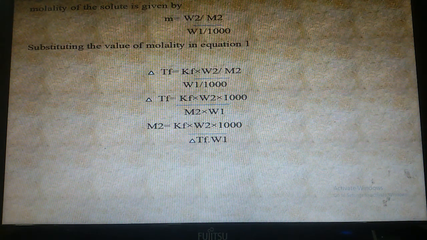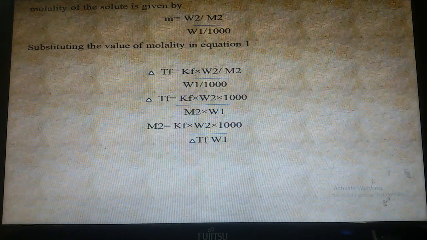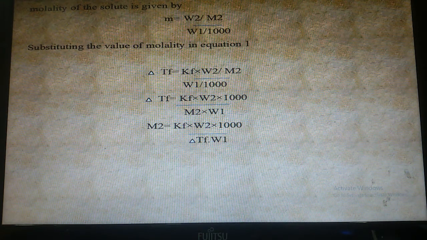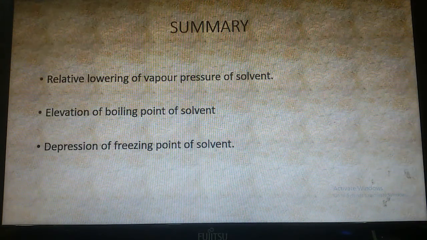Substituting the value of molality in equation 1, we get delta Tf is equal to Kf into W2 upon M2 upon W1 upon 1000. Therefore, delta Tf is equal to Kf into W2 into 1000 divided by M2 into W1. Therefore, M2 is equal to Kf into W2 into 1000 divided by delta Tf into W1.